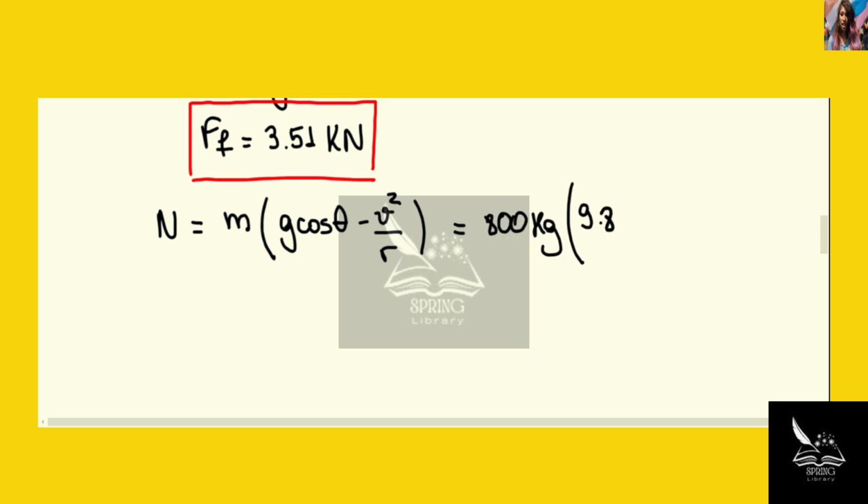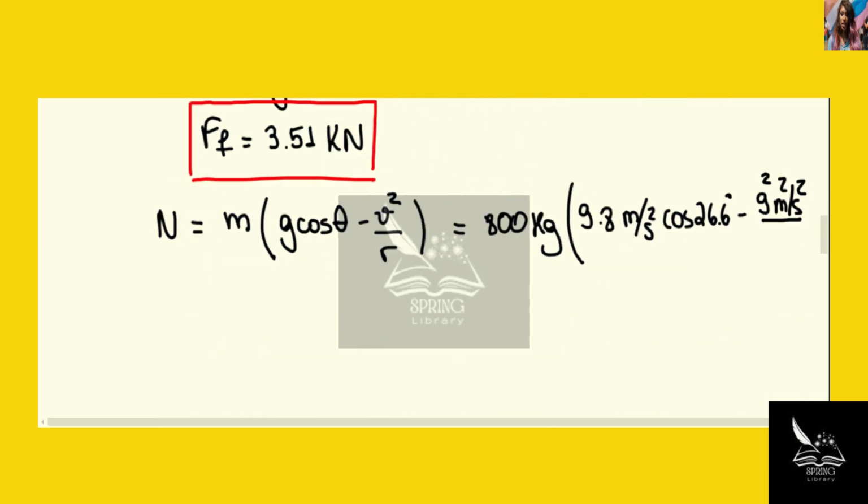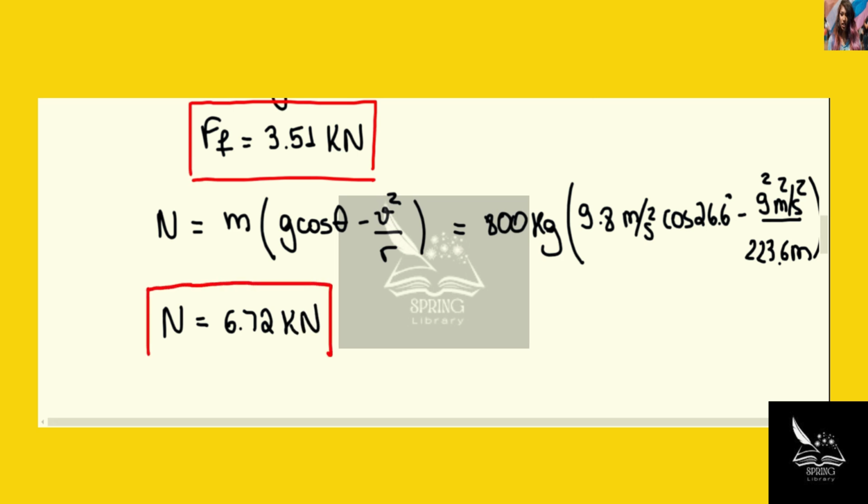Then we have to multiply it by 9.8 meters per second squared times the cosine of 26.6 minus v squared divided by r, and r is the value that we found before. It's 223.6 meters. So the normal force is 6.72 kilonewtons. And this concludes the exercise.